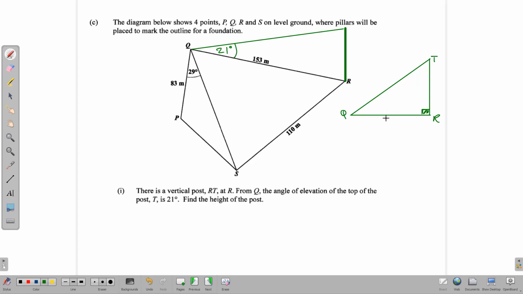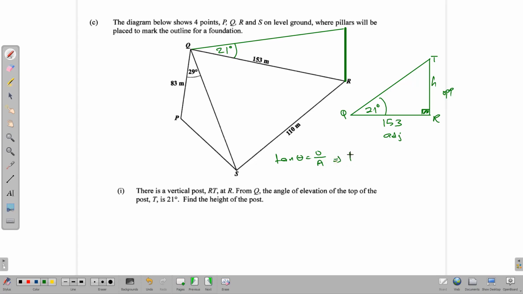Now we have this number, 153, and we need to find the height of the post. So I'm just going to call it H, although we could use it as TR. So this angle being 21, notice that we're using this side, H, which is the opposite side, and we're using QR, which is the adjacent side. And that tells us that we should use the tangent ratio, because tangent of the angle is equal to the opposite side divided by the adjacent side.